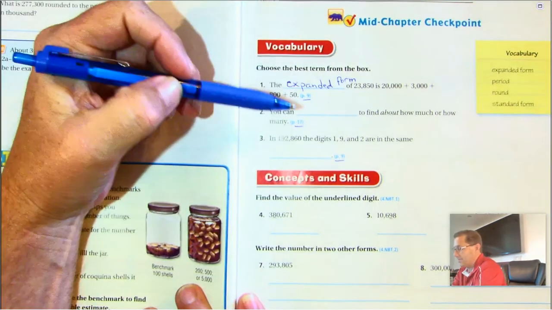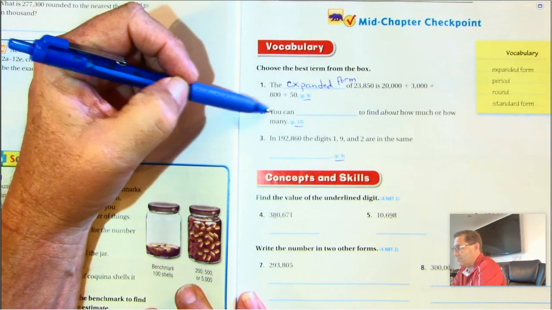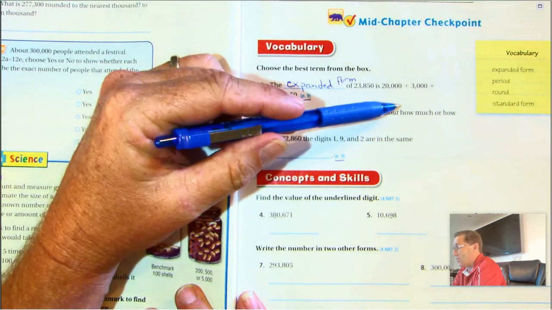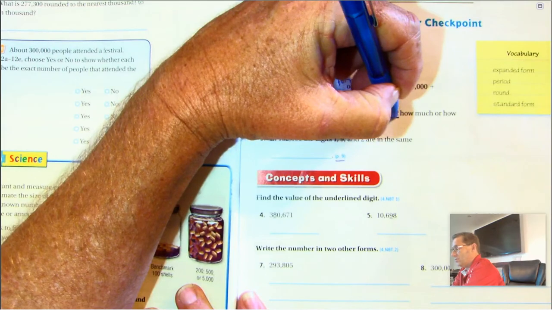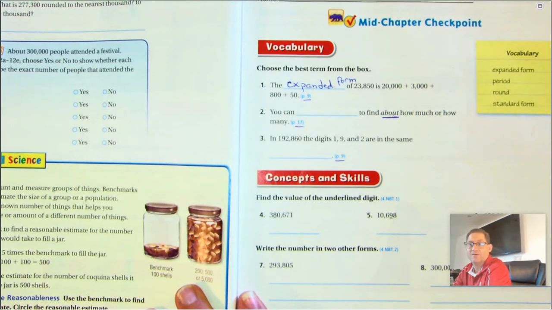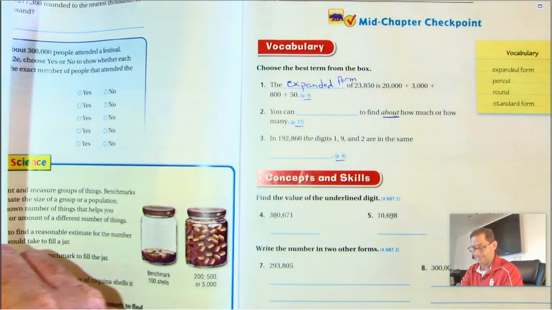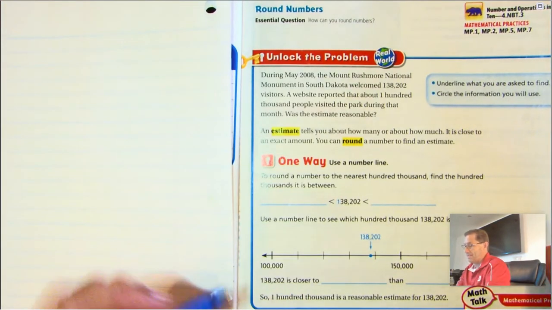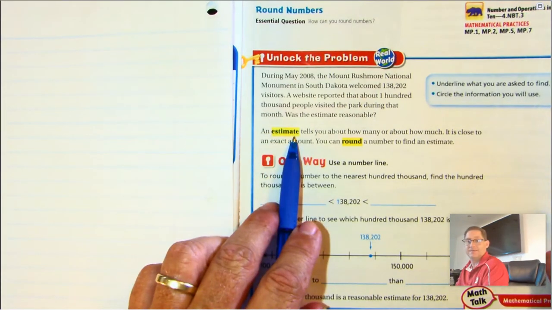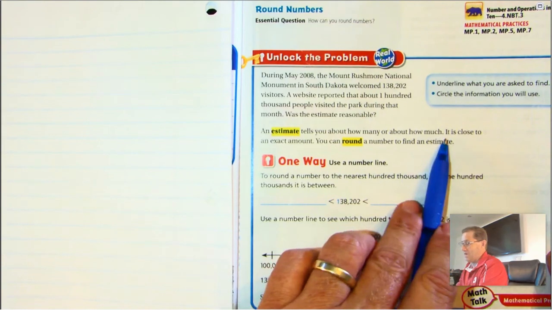Now the next one, it says we can look at page 17. If we're not sure what it is, you can blank to find out about how much or how many. Now, I do recall that keyword about. Well, let's say I did. So I'm going to go look at page 17. An estimate tells you about how many or about how much.